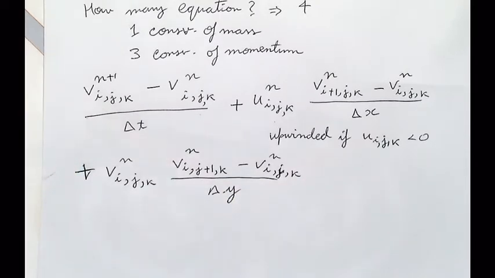Does that make sense to everybody? So now he's taking the derivative in the y direction. That's why he went to j plus 1 instead of I plus 1.